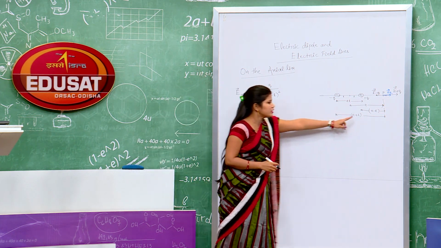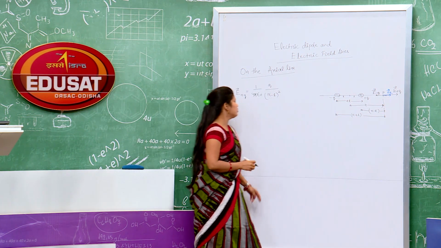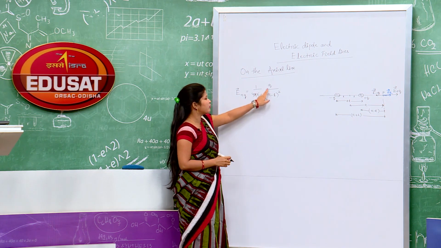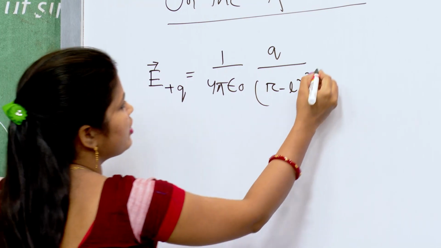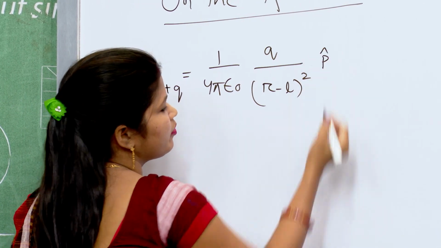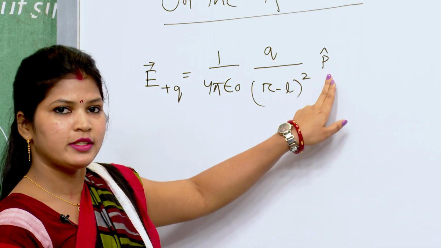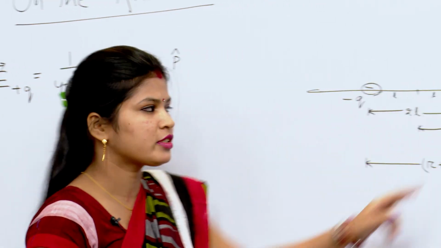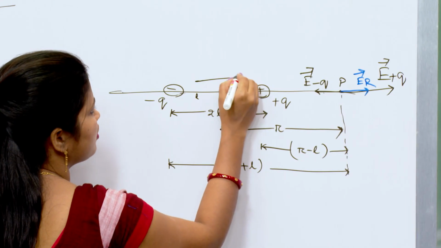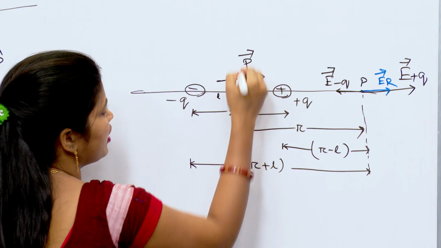So, here the distance is r minus L, and the direction is along p vector. p vector is the unit vector along the dipole axis from minus q to plus q, the direction of dipole moment.